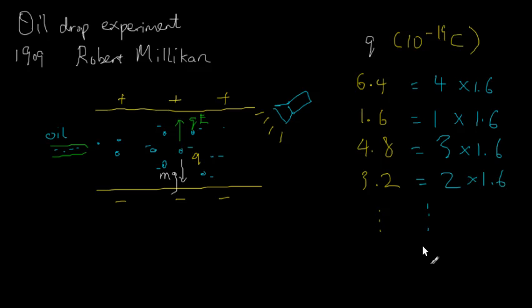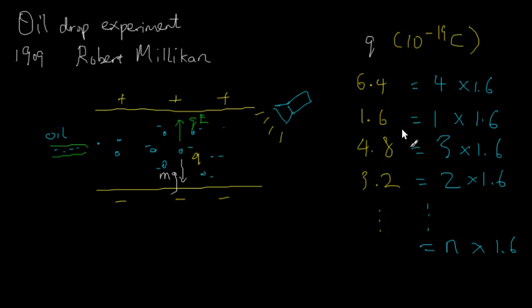So for all the charges that were observed of the droplet, there are always some whole number times 1.6. Now this in itself was interesting and also surprising, because there's no reason to think at that time, when people didn't know much or anything about the electron, why it can't be like 1.7, 1.8.